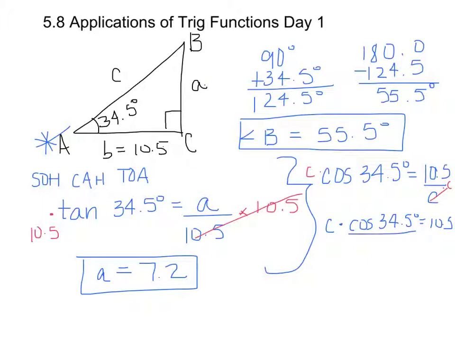And then I would divide this by both sides. And then I'm going to get C equals, and very important, make sure your calculator is in degree mode. And that'll be approximately 12.7.